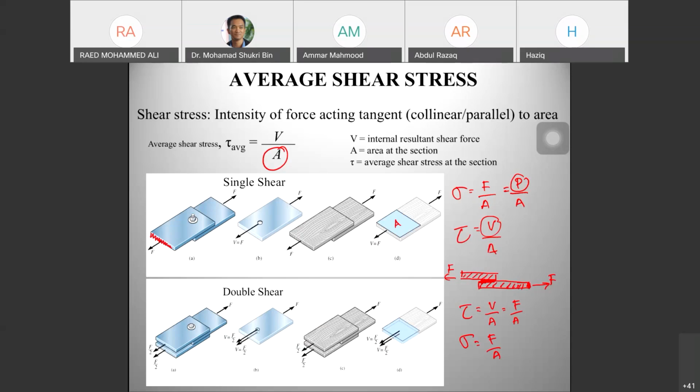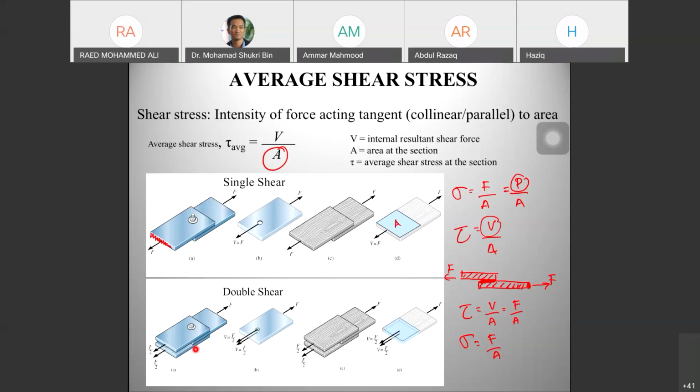For shear in this topic, we have two types: single shear and double shear. Let's say we have one plate in this way, and we attach one more plate at the bottom. Before, we only had one plate at the top; now we put one more plate at the bottom.